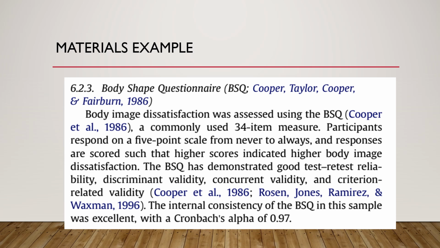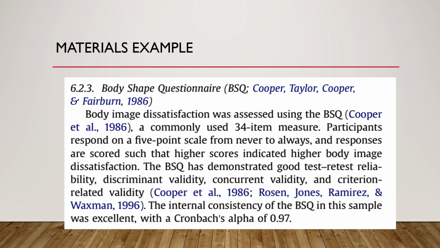The participants responded to a 5-point scale. There's how many points. And then the anchors are never to always, with the assumption being that 1 is never and 5 is always. And the responses were scored such that higher scores indicated higher body image dissatisfaction. So this helps to frame what a positive correlation or negative correlation means, when you're seeing higher scores, what do they actually mean?